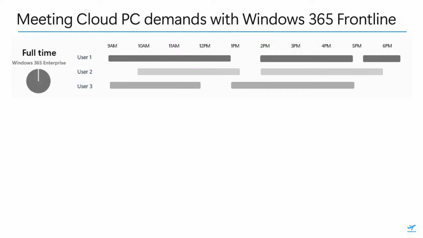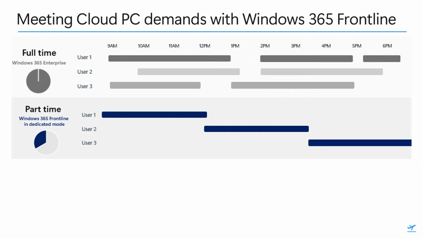As we talked more to customers, we learned that a lot of customers have many types of different users in their organization. Some users may actually be on the machine for periods of time that are not consistent every day. Maybe they're a shift worker that works in a rotational schedule. Maybe they're a part-time worker that works 3 days out of the week.